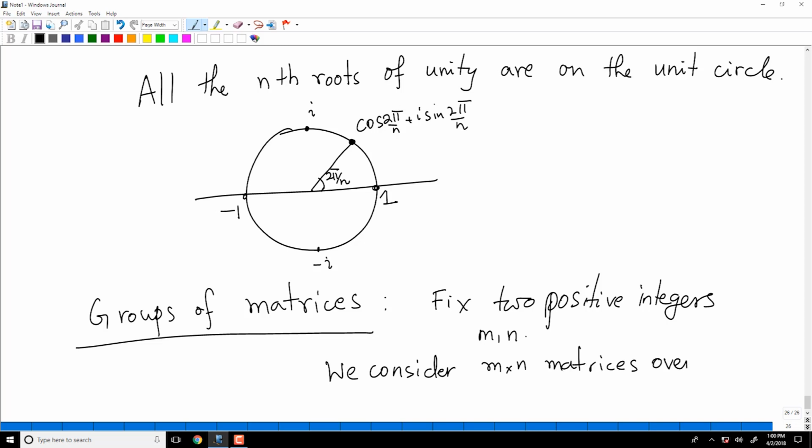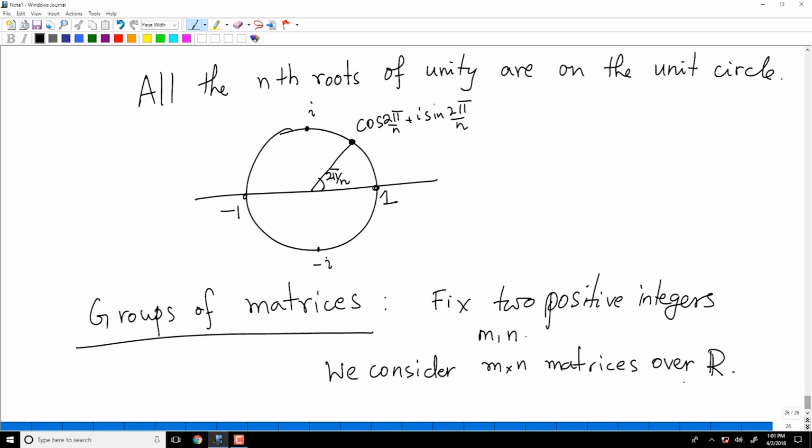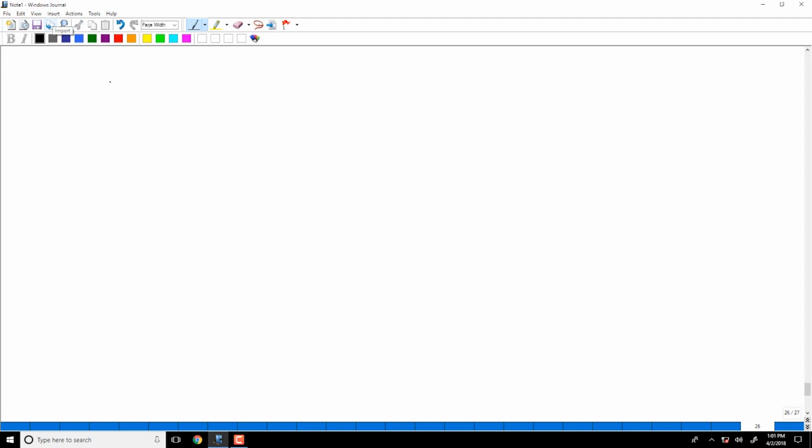We have to specify where entries come from. So, let us just take R. So, these are matrices where entries are real numbers.